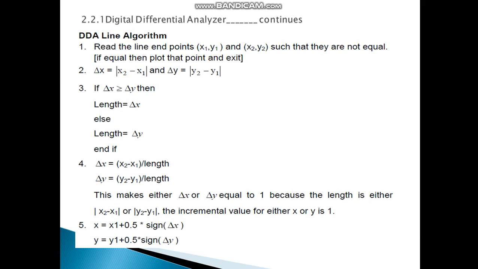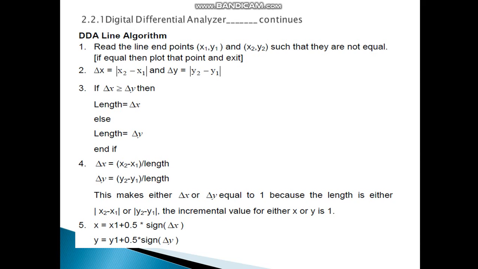The incremental value for either x or y is 1.